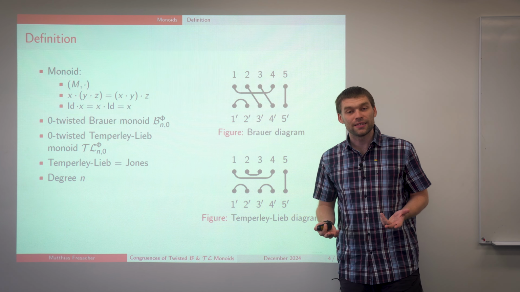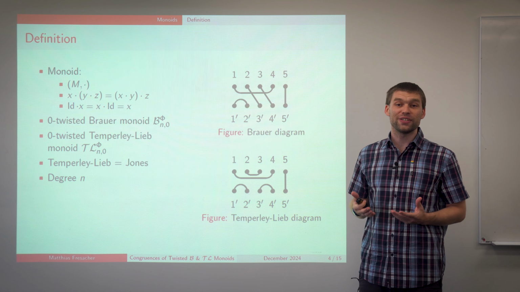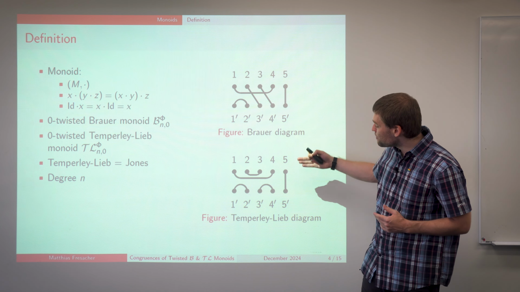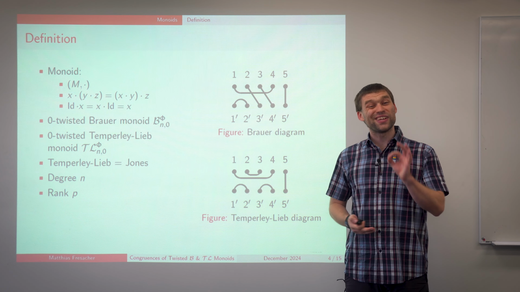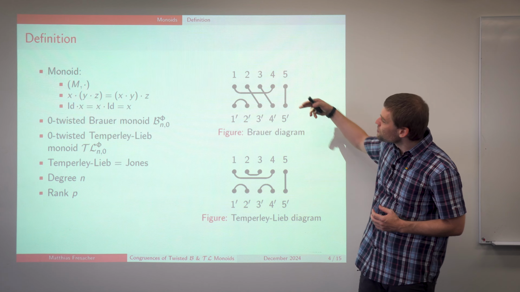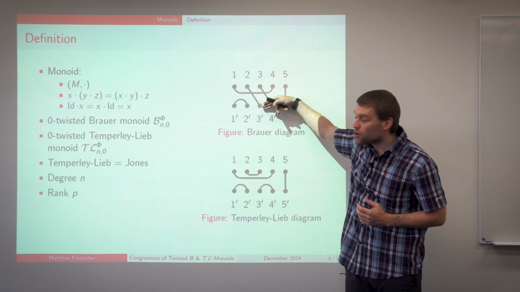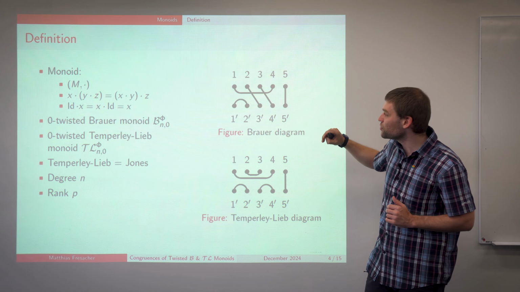We can talk about the degree of an entire monoid, and this simply counts the number of vertices in our row. So both of these belong to a monoid of degree 5. We can talk about the rank of a specific diagram, and this simply counts the number of transversal edges. By transversal, we mean linking both the top and the bottom rows. So we have 1, 2, 3 transversals.